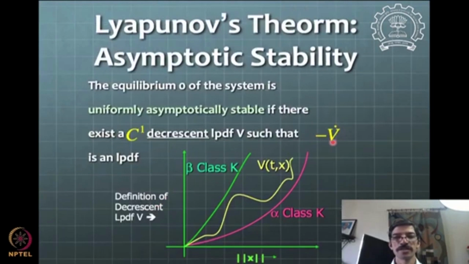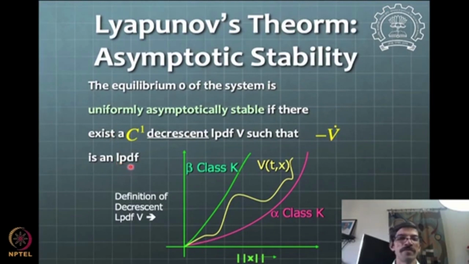So you check this minus V dot function and see that it has this property of LPDF, where you remember the properties, like we have a V, so this minus V dot should be 0 here, and it should have some evolution such that it is bounded from below by some function of class K. That is what the properties of minus V dot will be. Okay, so you need to make sure that LPDF properties are satisfied for this minus V dot.